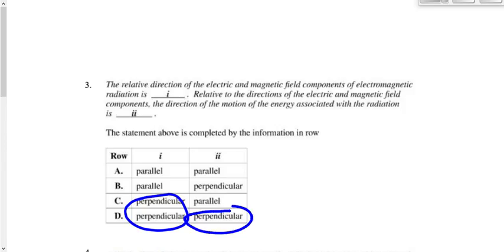Perpendicular. Listen, if you get a question that asks you for a direction in the context of EMR in any context, the answer is perpendicular. Don't say, oh, I think I'm going to be really, really smart here, and this one's going to be parallel. No, it's not. It's going to be perpendicular. Okay? If we're talking about EMR, the answer is going to be perpendicular.